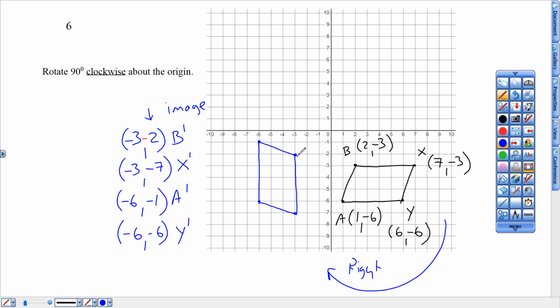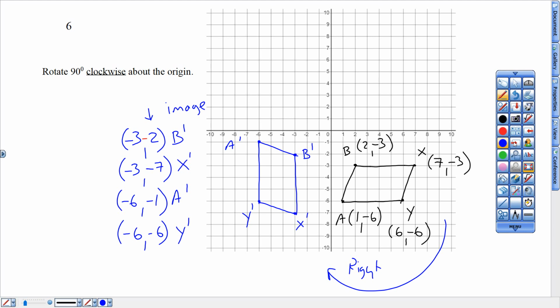This is A prime. This one over here is B prime. Down here I got Y prime, and this one is X prime. After the quarter turn rotation, writing all of those coordinates, getting those correct.